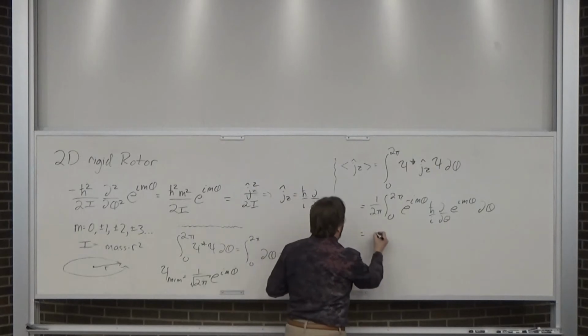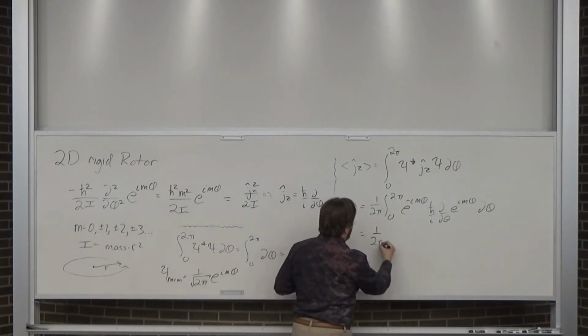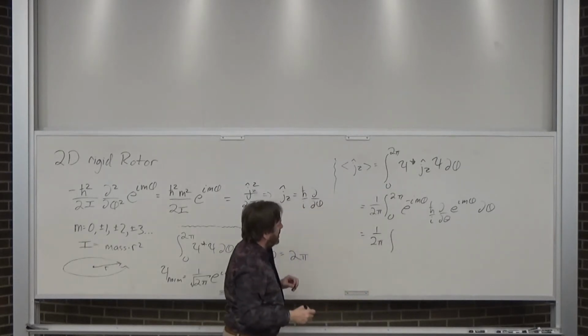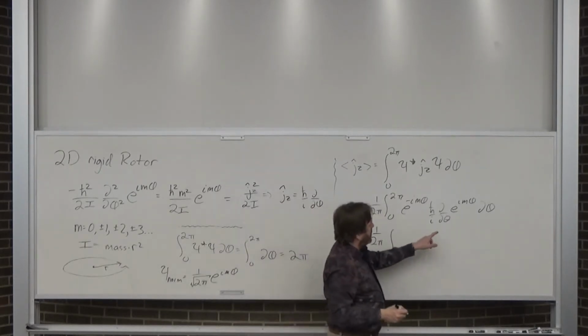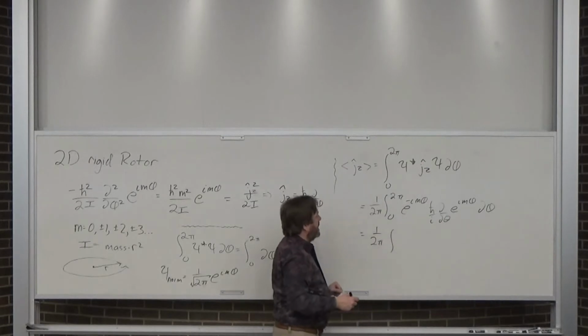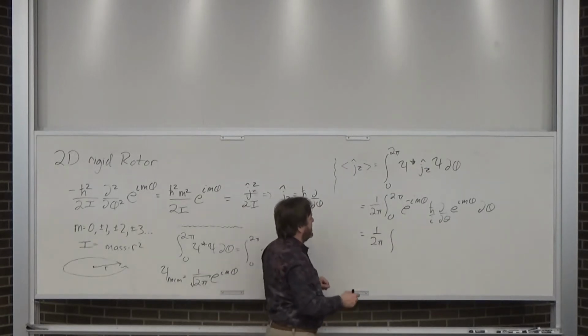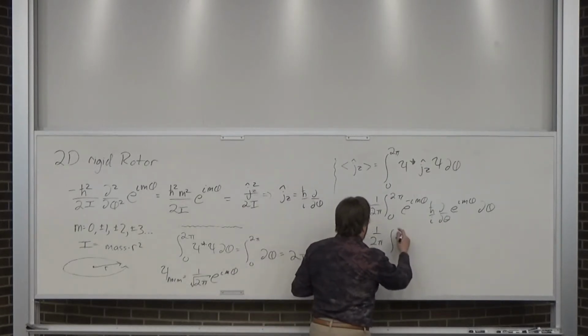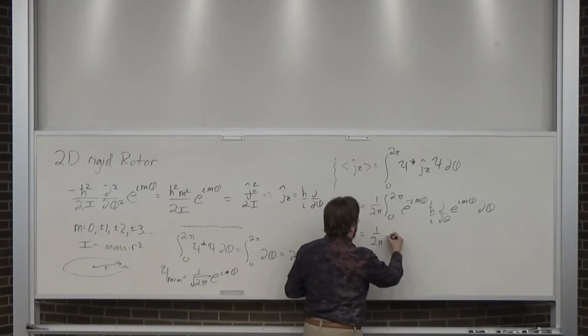Anyway, all right, so what do I get now? Again, this should be rather trivial. The derivative brings down im times h bar over i. That's just h bar m.